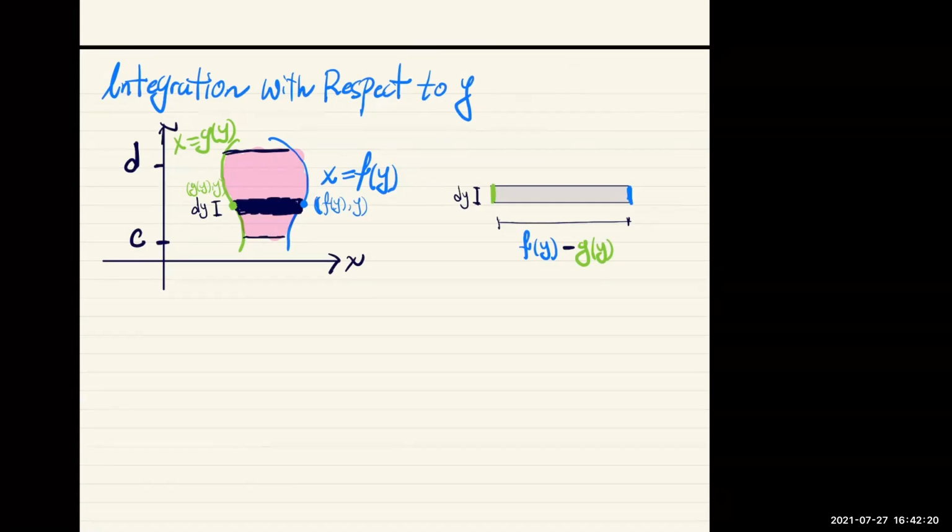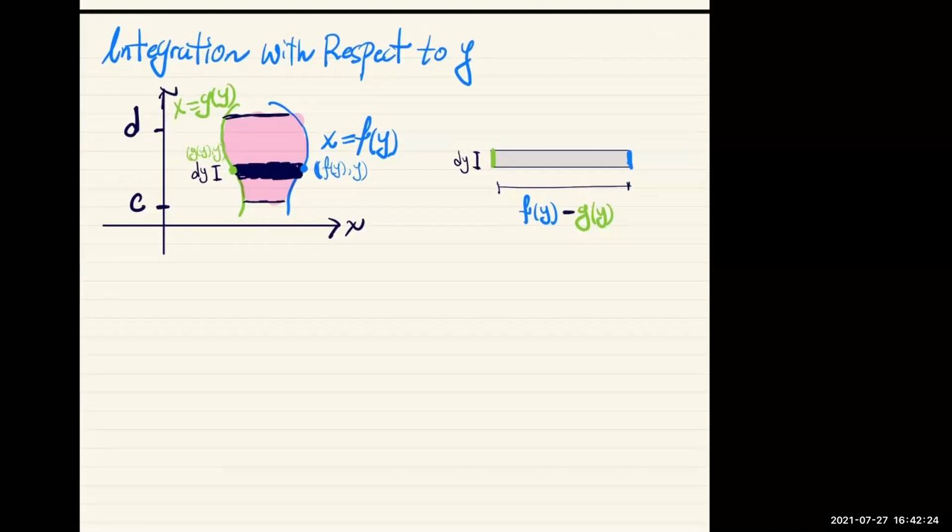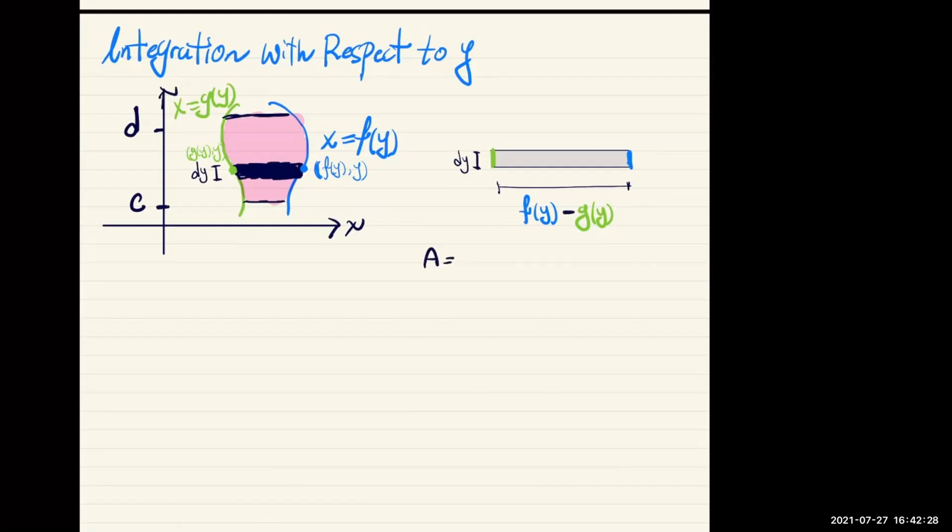We have a right function, we have a left function. So area here is equal to length times width, length f of y minus g of y times the width. The width is dy. That gives you, again, the area of this rectangle.